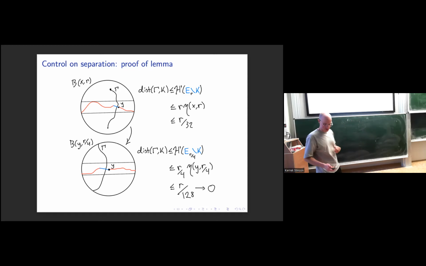So I find the nearest point on the crack that's closest to gamma, and I zoom in to a new scale r/4. On this new scale, I can apply the same argument to find that the distance from gamma to k is controlled by the length of this extension in the smaller ball, but the length of this extension in the smaller ball is controlled by the new diameter times the relative length of holes. And the relative length of holes stayed bounded by 1/32. So now I find a smaller constant, and eventually just iterating this argument, you find out that gamma and k intersect.